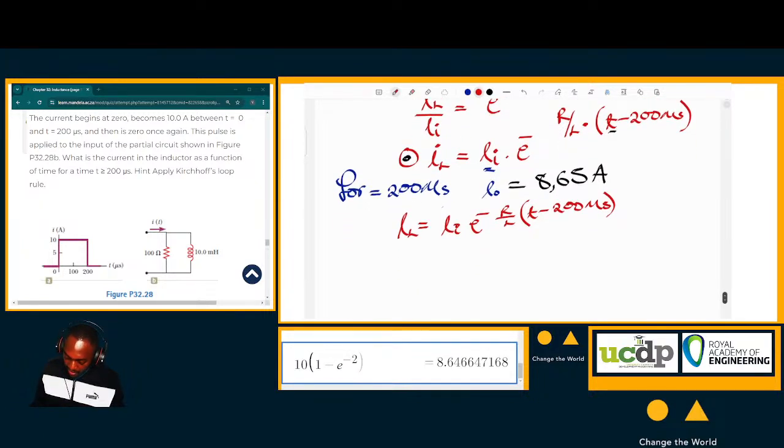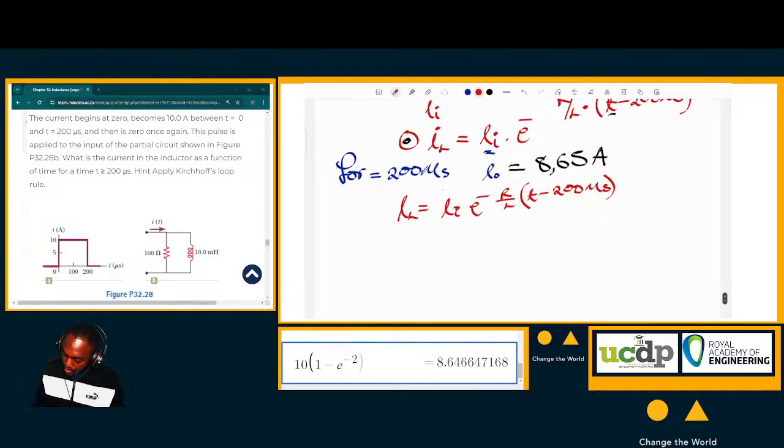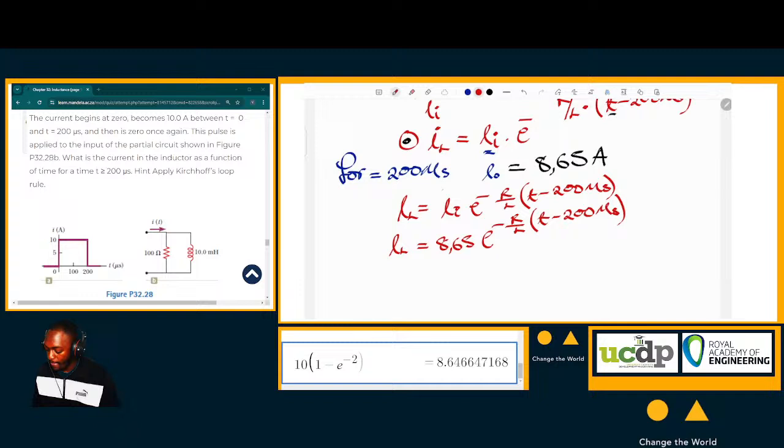Then what we have to do now is substitute I naught, the initial, for your 8.65, which becomes exponential negative R over L, which is T minus 200 microseconds.